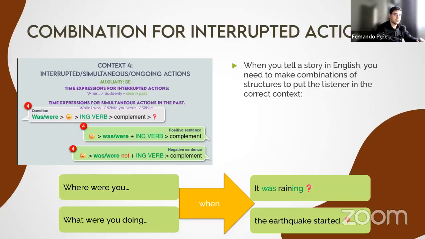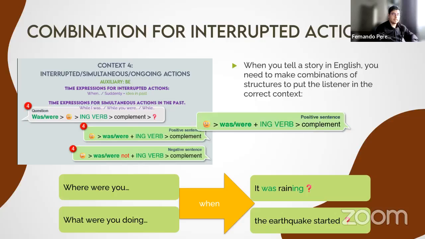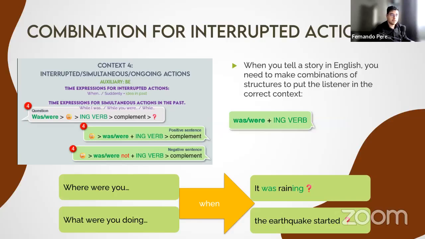Let me open the structures handbook. ing verbs, it's right here. It's was, were plus ing, plus connected with an expression in past.